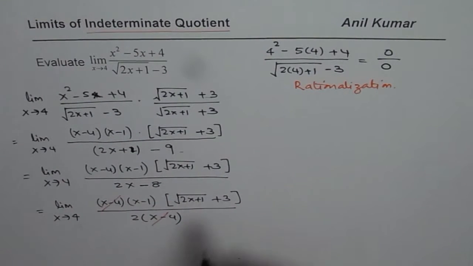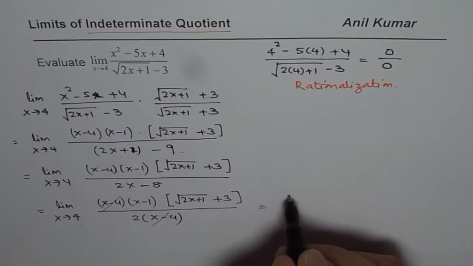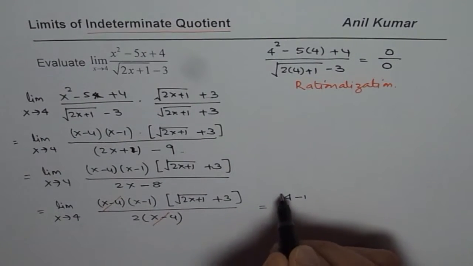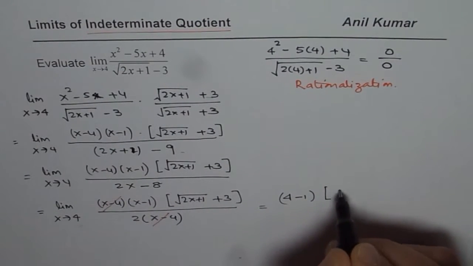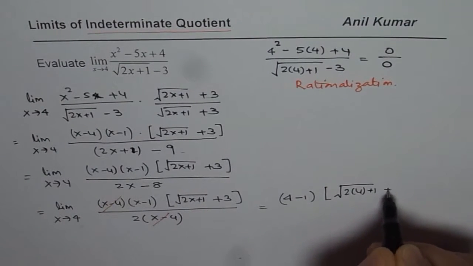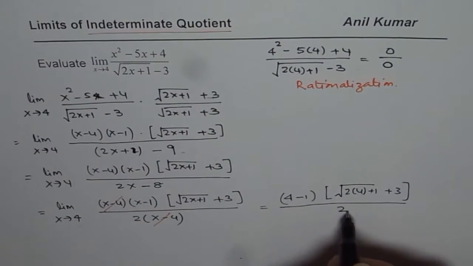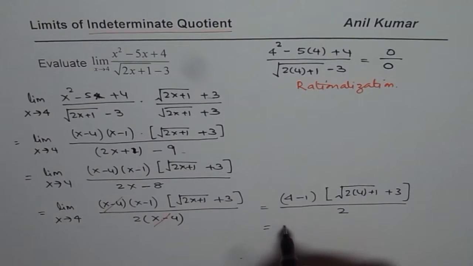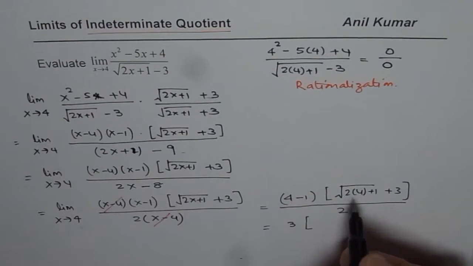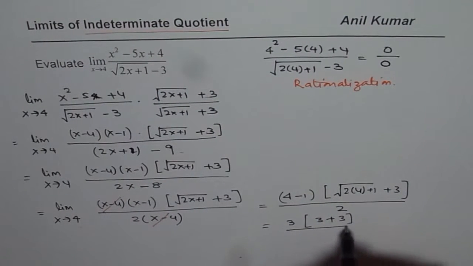Once you cancel that, after that you can substitute 4 to find the answer. So we are substituting 4 now after cancelling. We get 4 minus 1 times, within the square root, 2 times 4 plus 1, plus 3, divided by 2. That gives you 4 minus 1 is 3, and within the bracket you get 8 plus 1, square root of 9 is 3, plus 3, divided by 2.